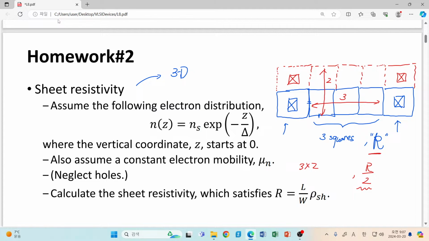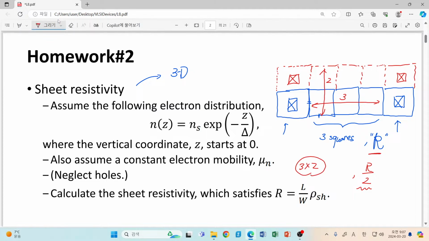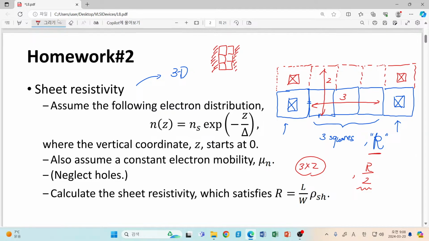However, even though you have spent exactly the same number of 6 squares, if you introduce them in the 2 by 3 way, with your metal contacts here and here, then what will happen to your resistance?